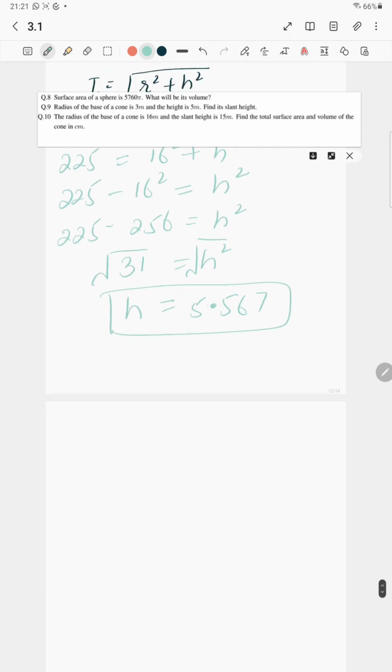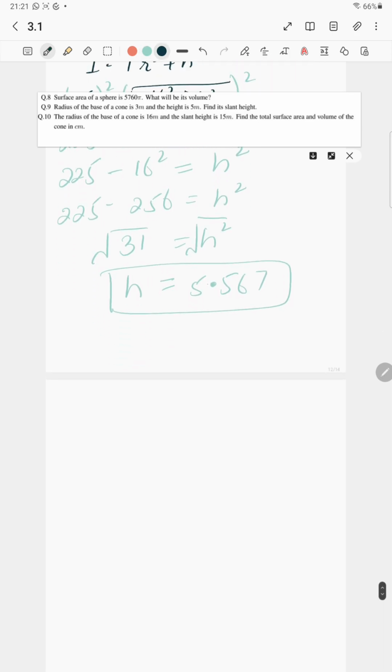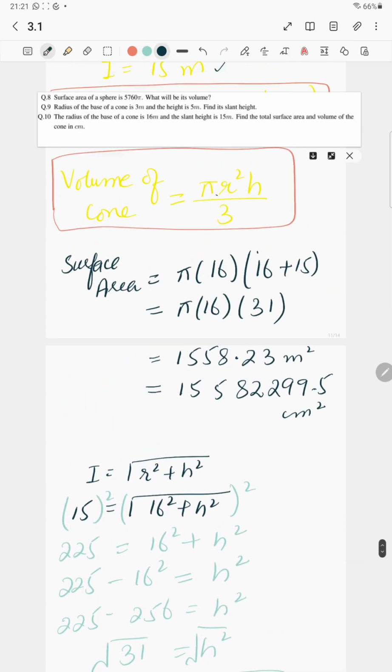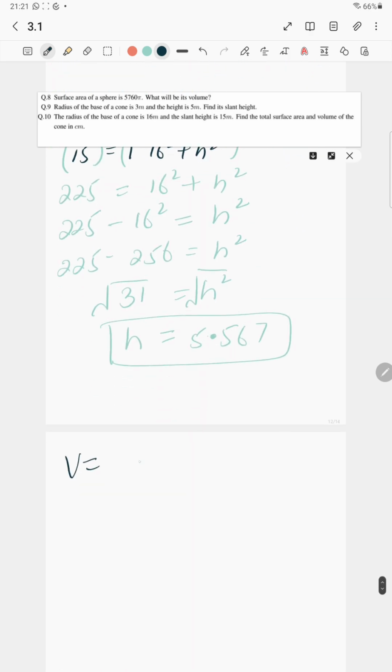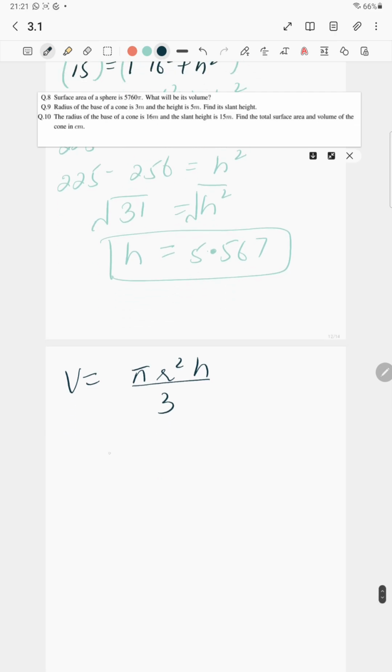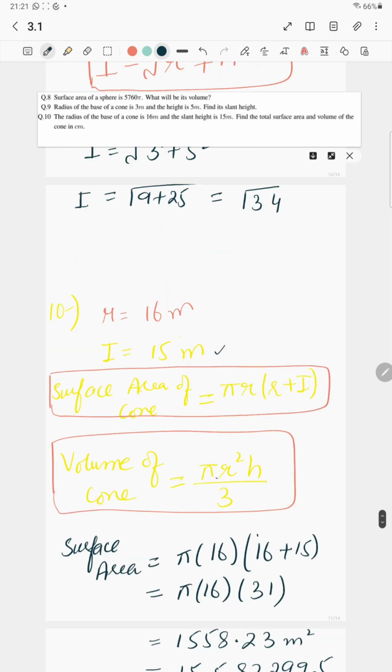Okay, so finding the volume now. The formula for volume was pi r square h by 3. Now pi, what is r?